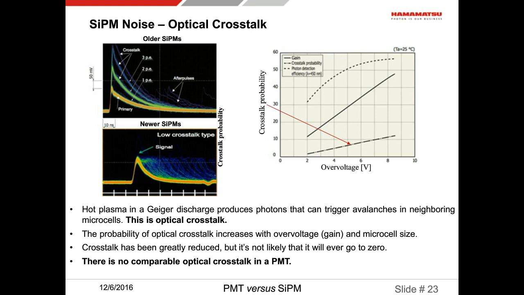Please note that for a modern SiPM, the amount of crosstalk can be very small, as again indicated by the graph on the right-hand side. However, it is not likely that crosstalk will be driven all the way to zero. There was some improvement made, but ultimately we cannot completely optically isolate a microcell from its neighborhood. So crosstalk probably is going to be a surviving type of noise in SiPMs.